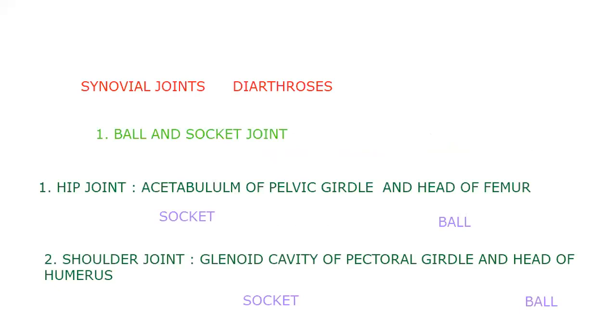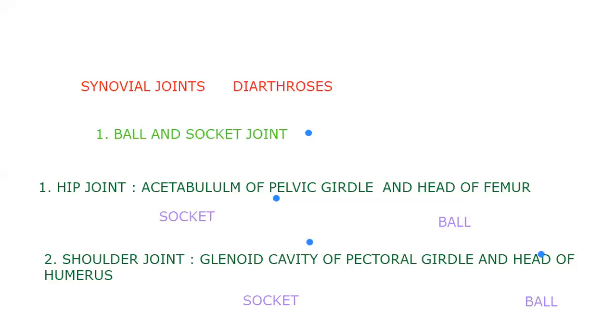For the ball and socket joint we have two examples: the hip joint, the acetabulum of the pelvic girdle and the head of the femur; then the shoulder joint, the glenoid cavity of the pectoral girdle and the head of the humerus.